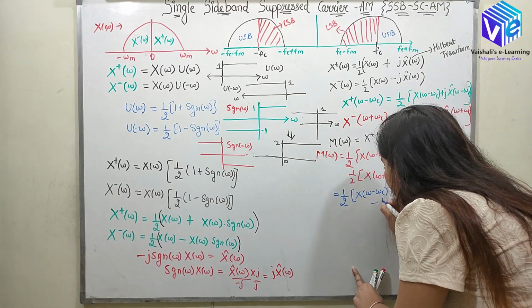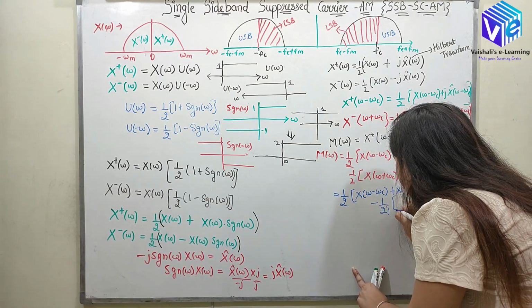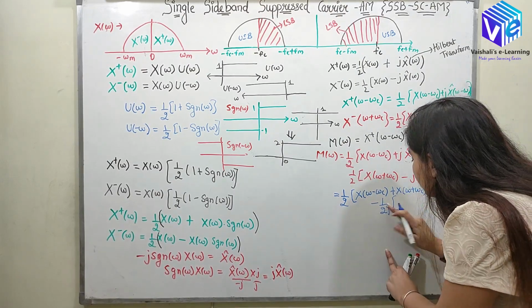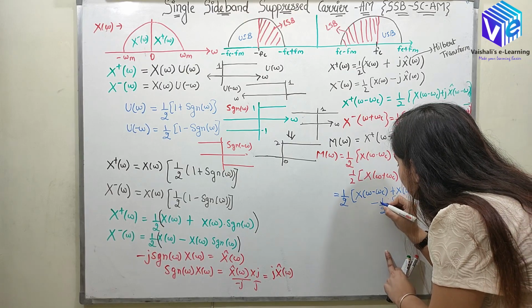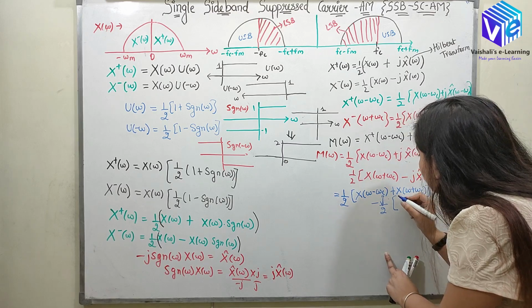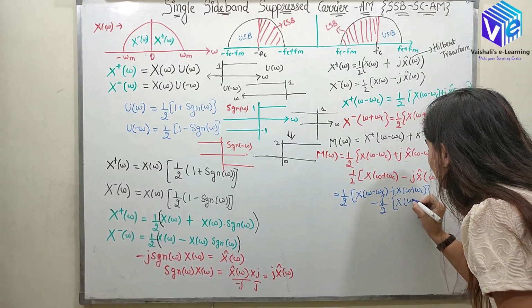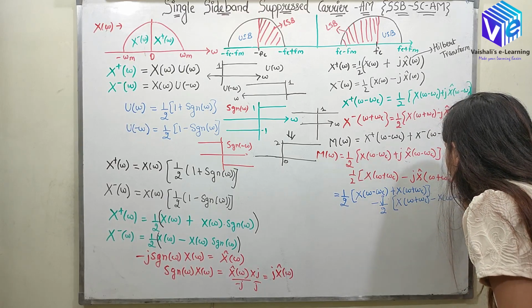Here I am taking minus 1 by 2j, it is left out. So here I am taking minus 1 by 2 into j, which would be j by 2. So I am left with X of omega plus omega c minus X of omega minus omega c.